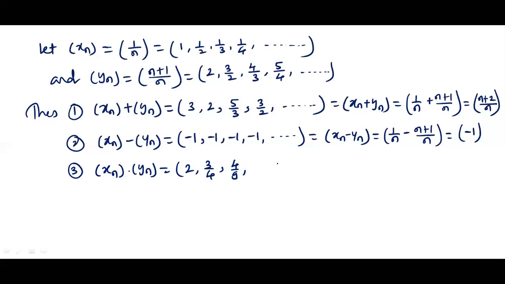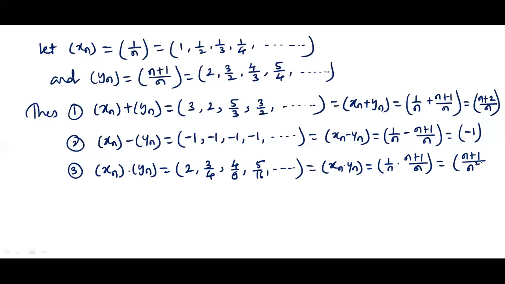Next term is 1 by 4 into 5 by 4, that is 5 by 16, and so on. Now what is xn into yn? 1 by n into n plus 1 by n, and that is a sequence whose nth term is n plus 1 by n square.